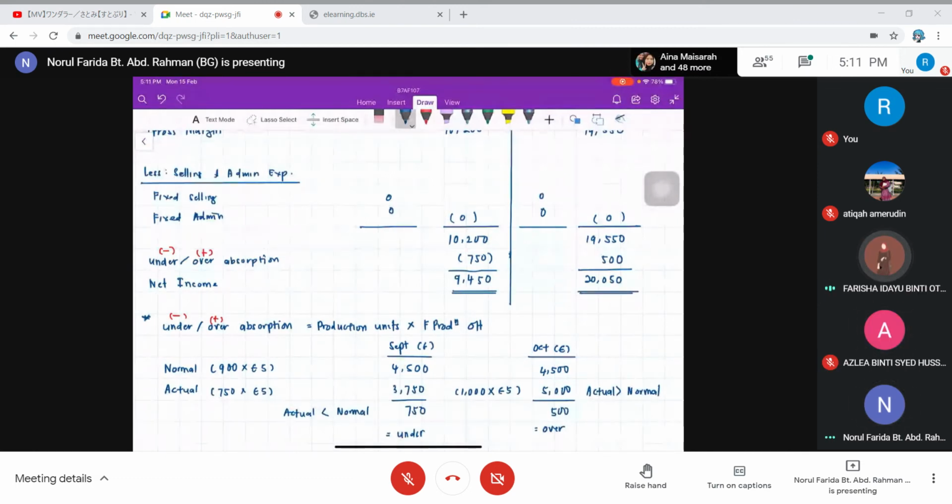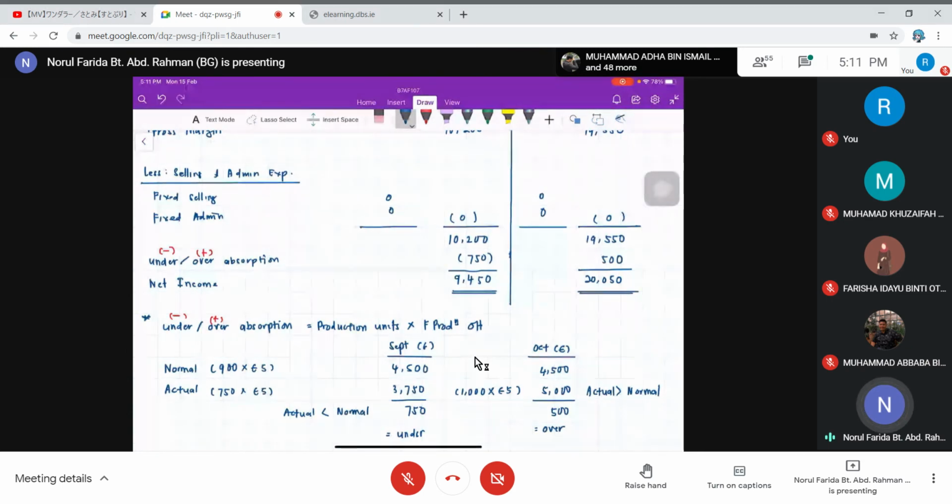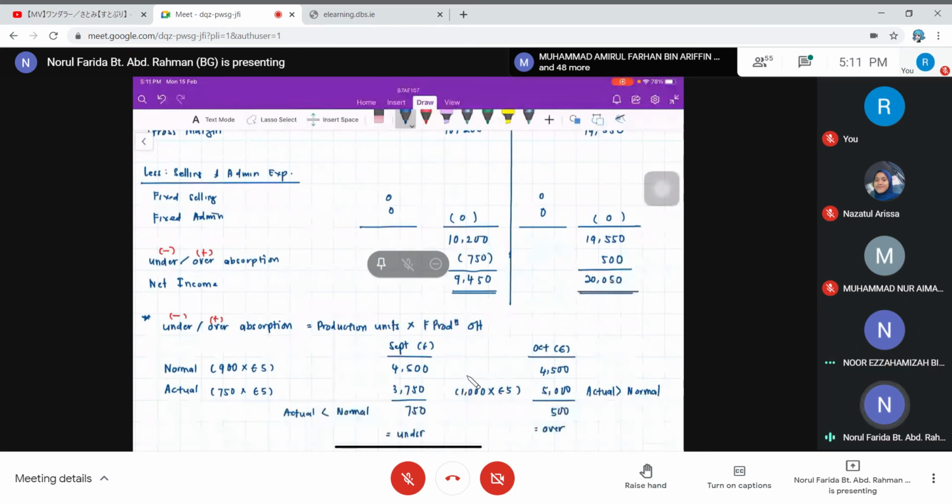Izzah Azrina. Muhammad Huzaifah. Muhammad Azrul Afiq. Muhammad Nur Aiman. Nazatul Arisa. Nur Eza Hamizah. Nur Sheila.